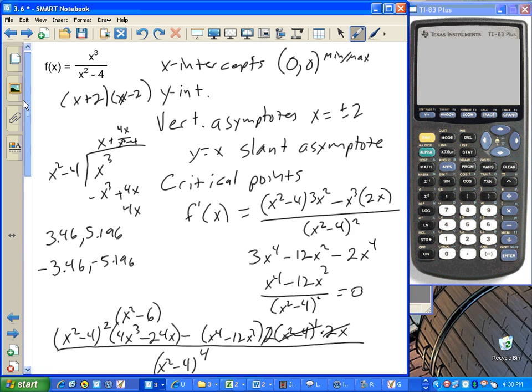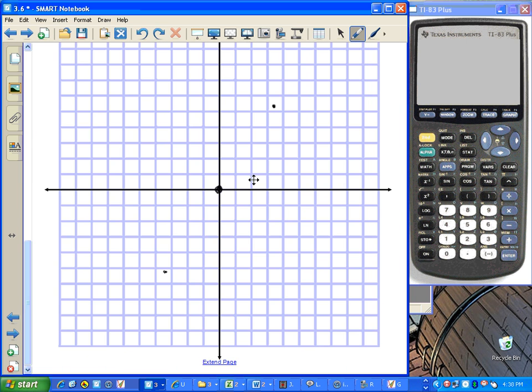Okay, and then let's see, we've got our vertical asymptotes at plus or minus 2. I've got a slant asymptote here. That's going to affect my end behavior.